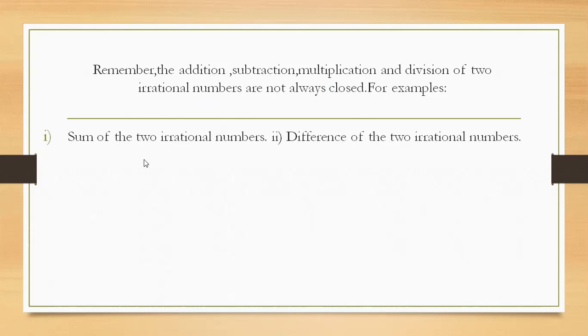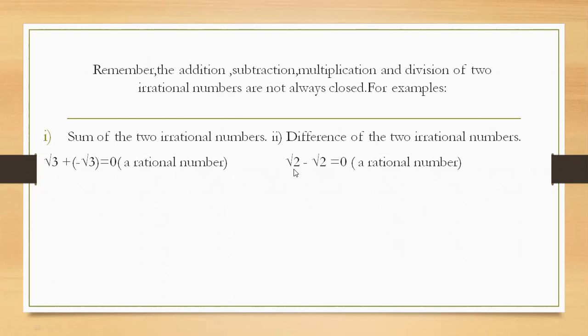For example, look at the sum: square root 3 is one irrational number, plus minus square root 3 is another irrational number. When you add them, 0 comes. 0 is a rational number. That's why adding irrationals may sometimes give a rational.